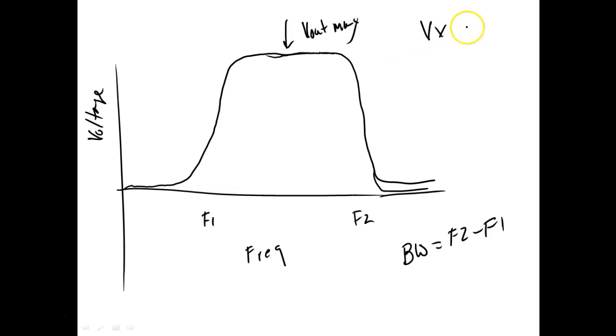So when the voltage goes up, your power goes up by V squared. When the voltage goes down, it's going to be the exact opposite, so power is equal to 1 over V squared. So if I halve the voltage, my power is going to drop down to 1/4.